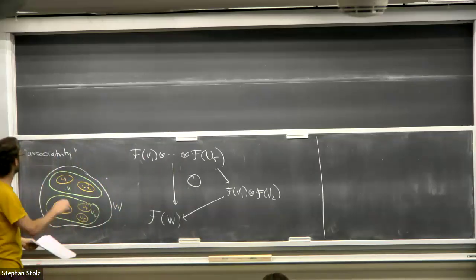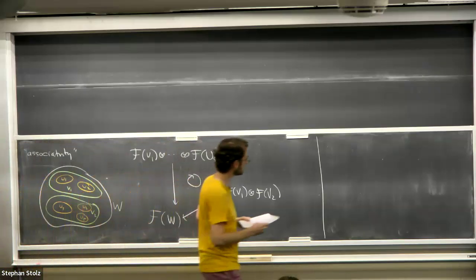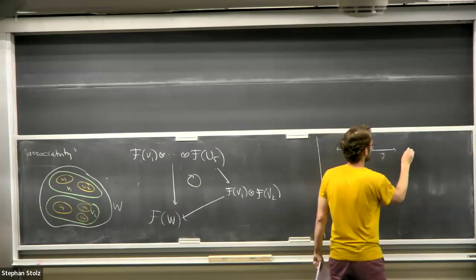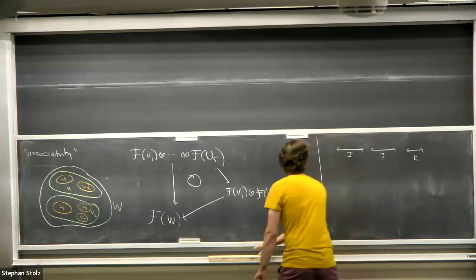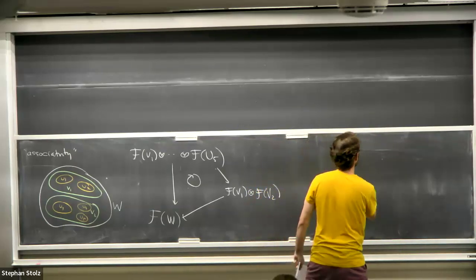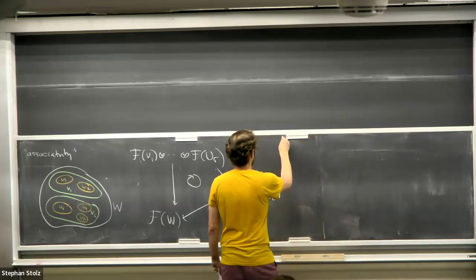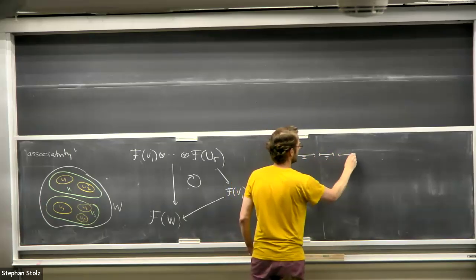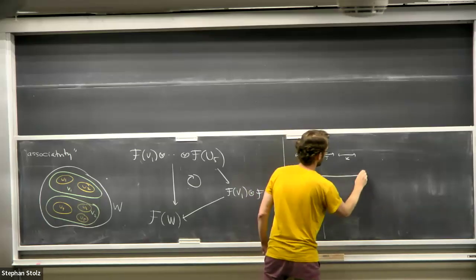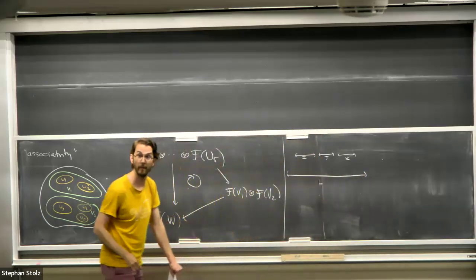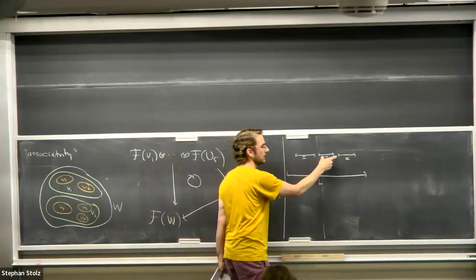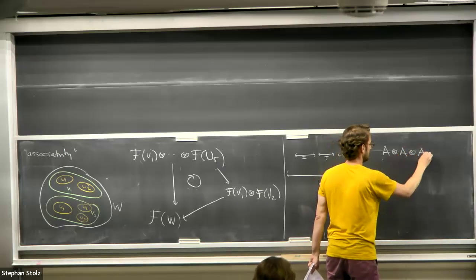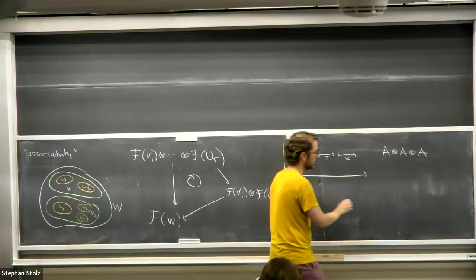So let's see why I called it associativity. Let's do our example. Imagine I have intervals I, J, K, moving into some big interval L. Each of these intervals gives me a copy of A, so I get A tensor A tensor A. This is a single interval.